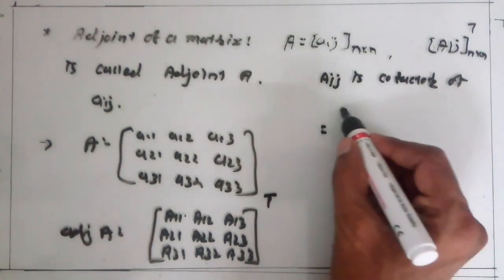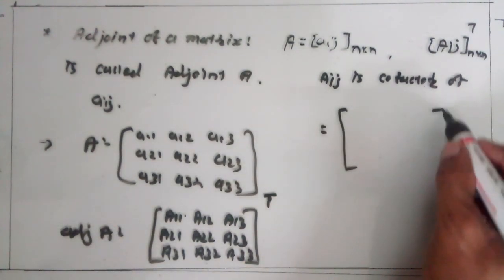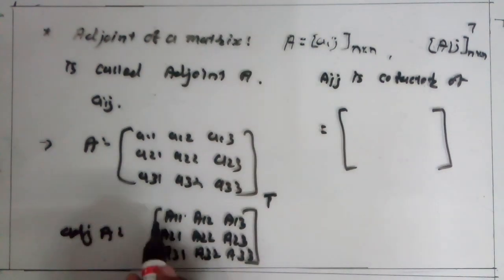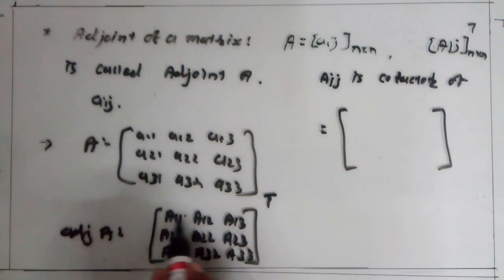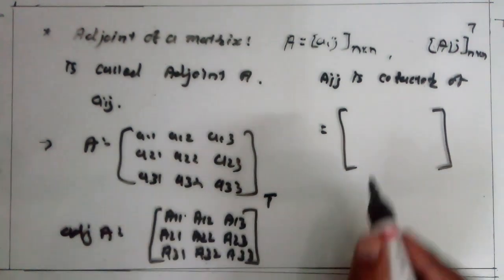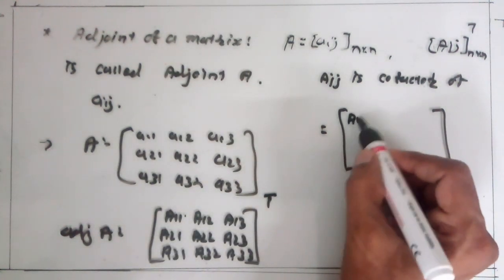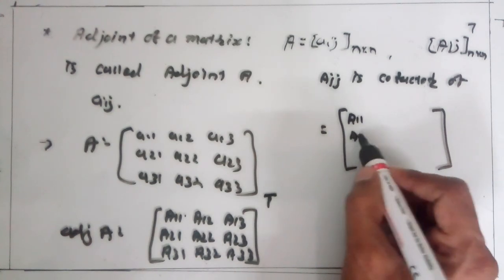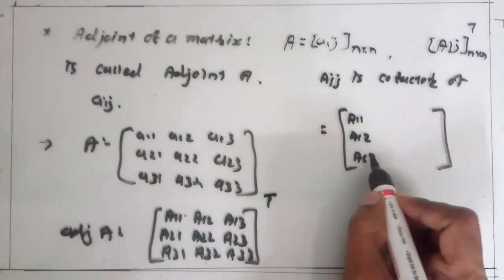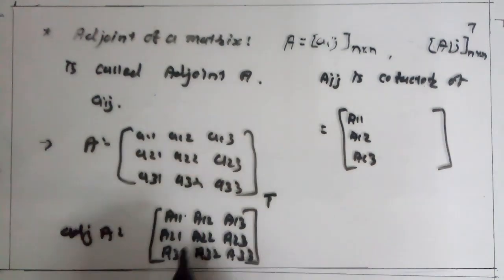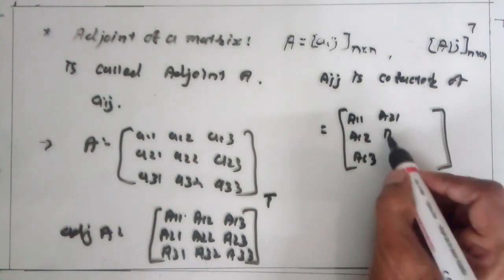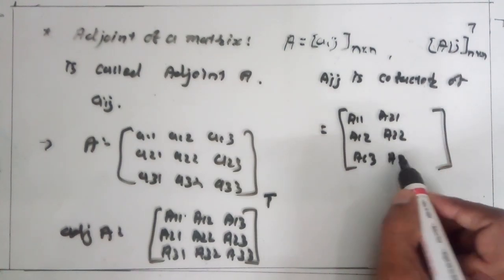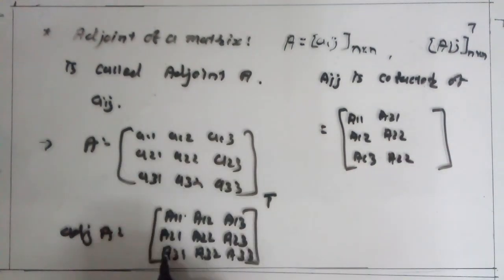We know that the transpose of a matrix is obtained by changing each row into the corresponding column. The first row A11, A12, A13 becomes the first column. The second row A21, A22, A23 becomes the second column.